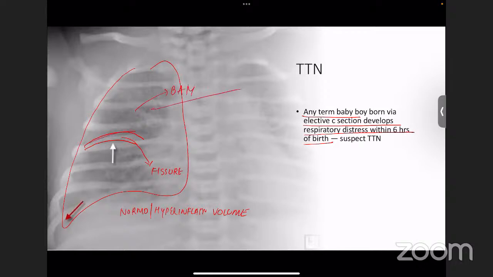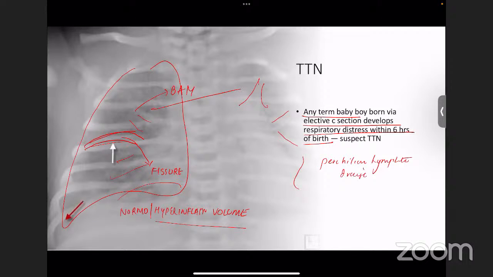You are seeing the prominence of fissure on the hyperinflated lung, and most importantly, what is this sign called? It is because of perihilar lymphatic prominence, the lymphatic drainage of the TTN.